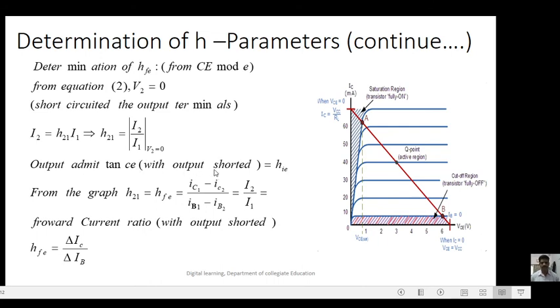Output shorted, from the graph H21 equals HFE equals IC1 minus IC2 divided by IB1 minus IB2.